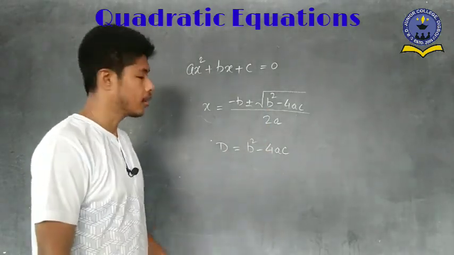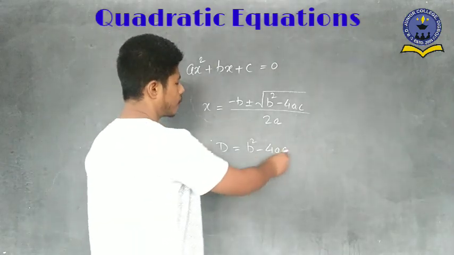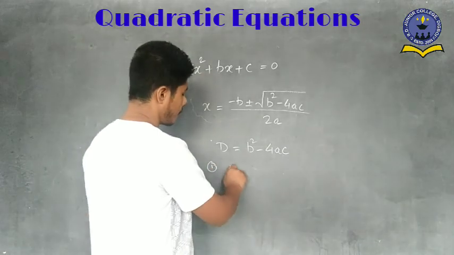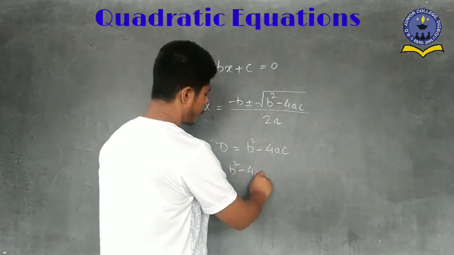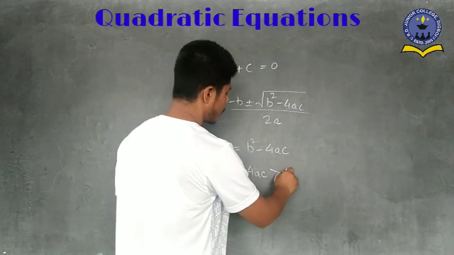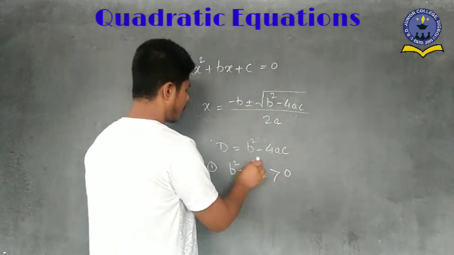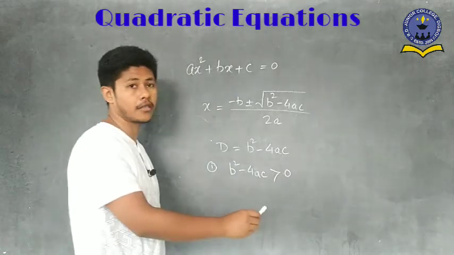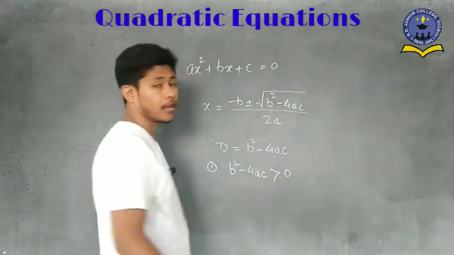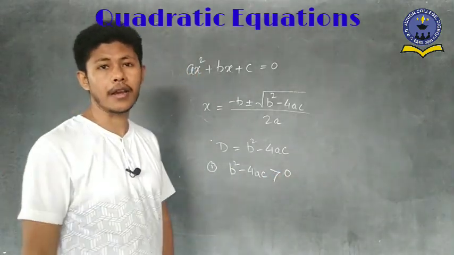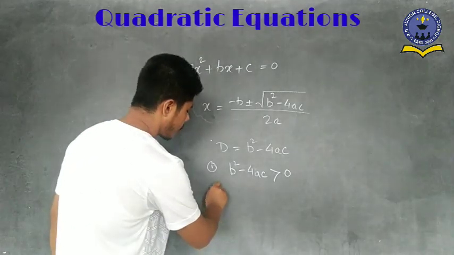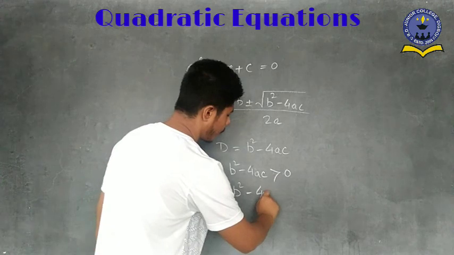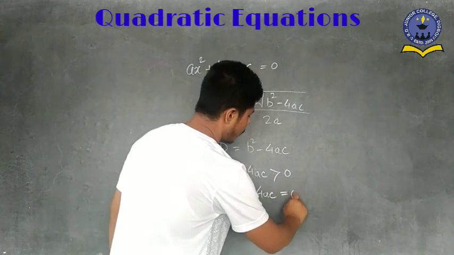The first condition is b square minus 4ac greater than 0, which we got in class 10, isn't it? Then the roots are real and unequal. The second condition is b square minus 4ac equal to 0.